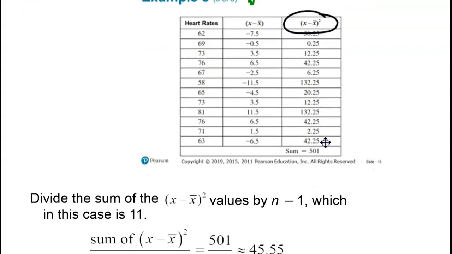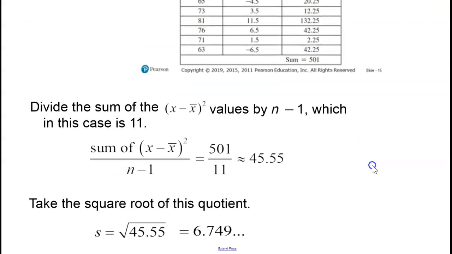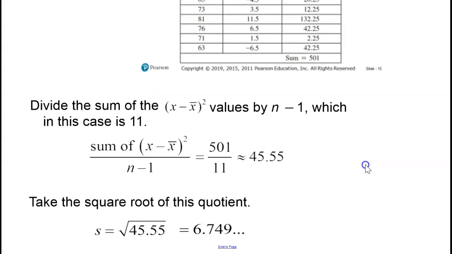Now you've got all of these numbers here. You're going to take the sum of these numbers, because it's the sum of the numbers of your data set minus the mean squared, and you're going to divide it by 12 minus 1, which is 11.